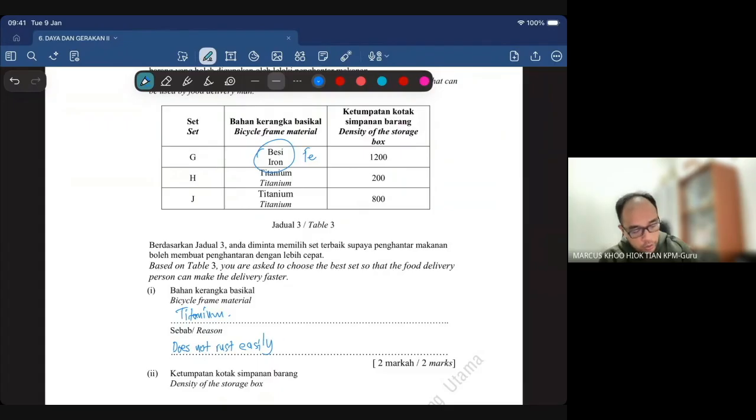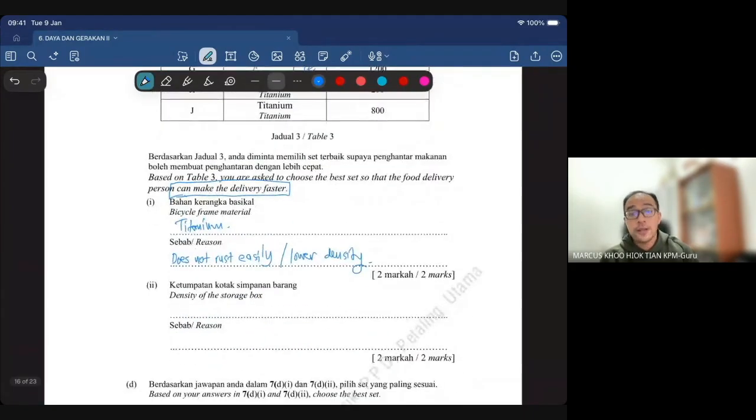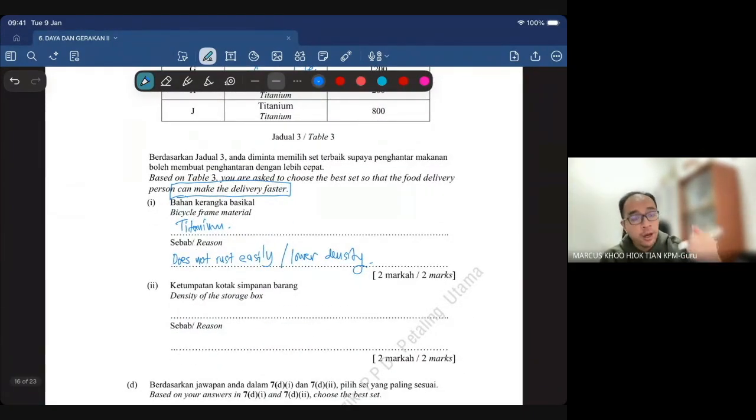You can also say it has a lower density, because lower density can make the delivery faster. So it's lighter, you can move faster, you can accelerate faster. Now, of the 2 answers, I would prefer if you give lower density, because does not rust easily, although it is correct, has very little relevance to the requirement of the question.